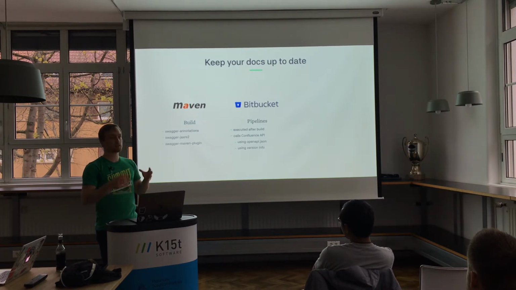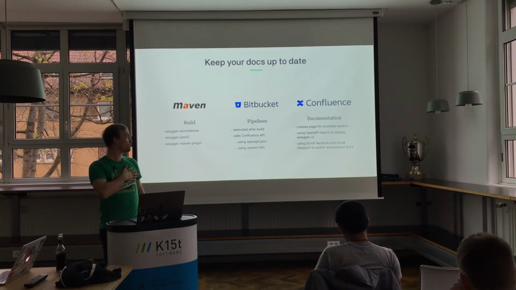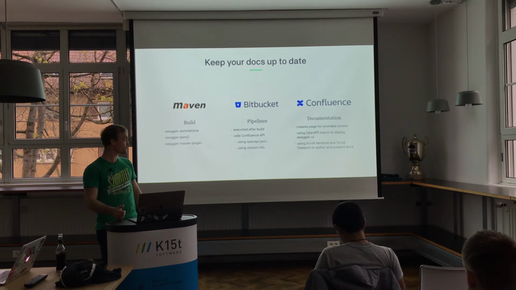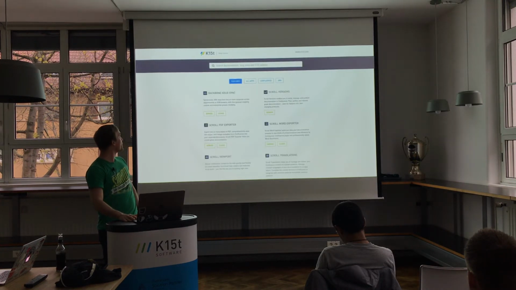Then we use that OpenAPI JSON to make a call to Confluence where we write our docs and push it. In this case, we're creating a new page for a provided version we retrieve from the tag name and push the content from the JSON format into an OpenAPI macro, which then eventually renders the Swagger UI. And combining that with our versioning and the viewport, it basically looks like that to the customer.